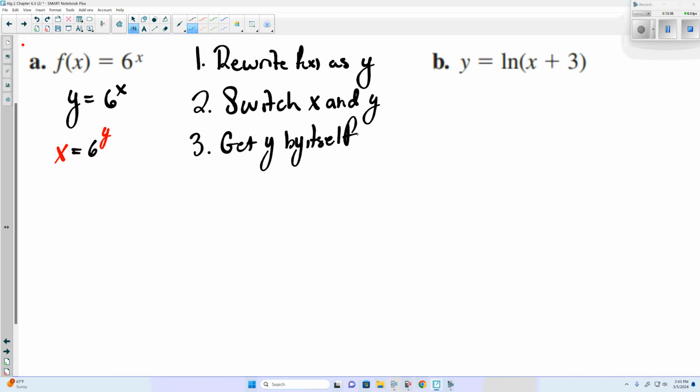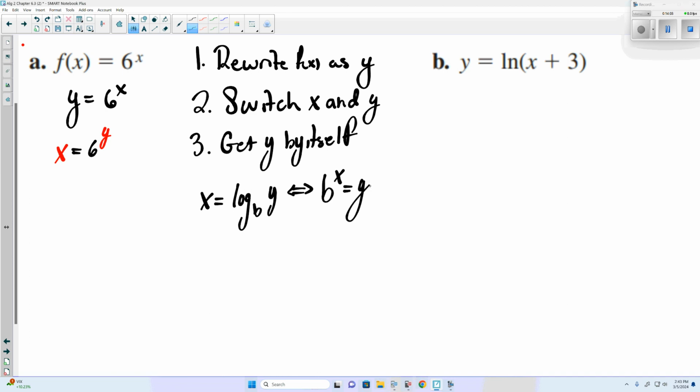Convert it to logarithmic. How would we rewrite x equals 6 to the y as a logarithm? So this is exactly what we did yesterday. Because we said x equals log base b of y if and only if b to the x is equal to y.